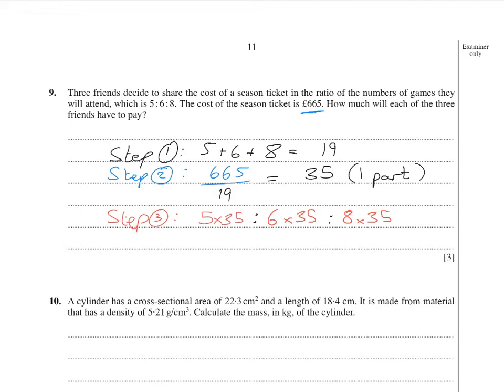So 5 times 35 comes to 175. And then 6 times 35 is 210. And then 8 times 35 is 280. And you can check to see if this looks like it's correct by adding these numbers here and checking they add to 665.